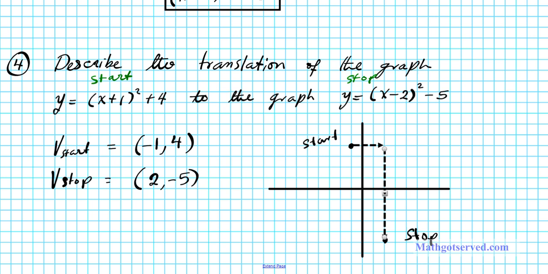So to describe the translation of the first graph to the second one, it's simply 3 units to the right and 9 units down. Okay, let's move on to the next problem.